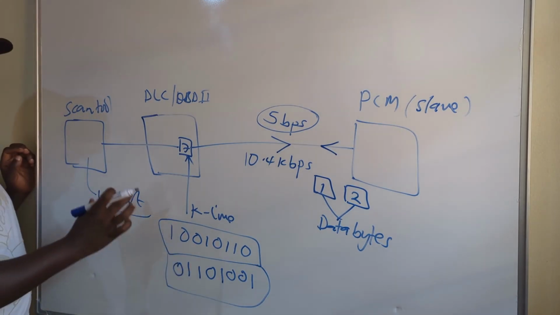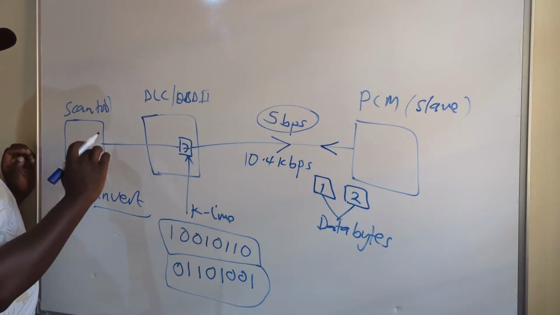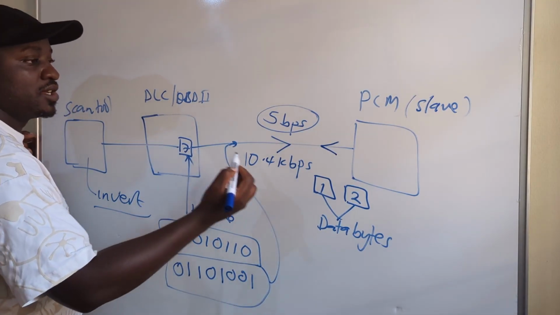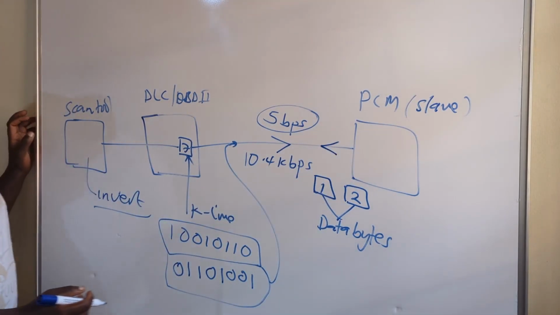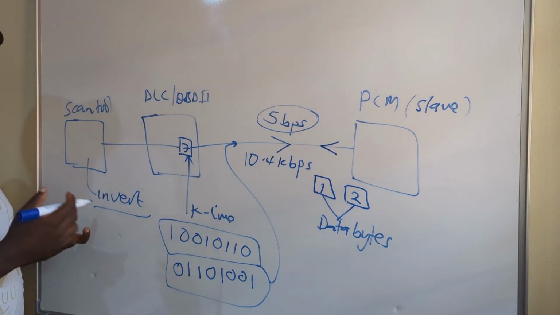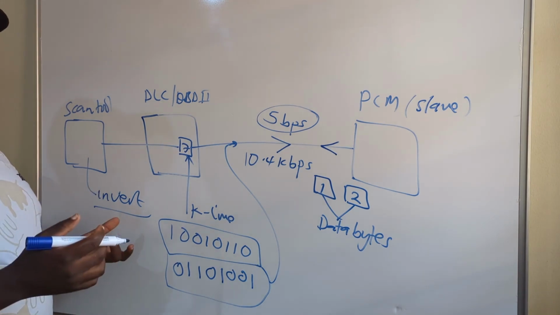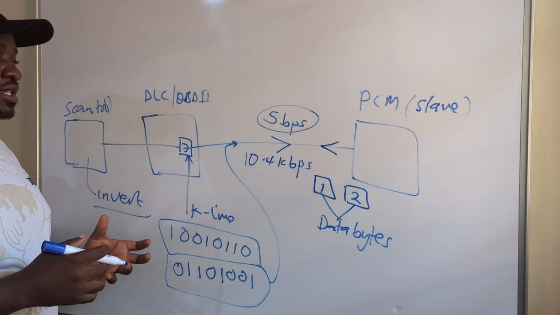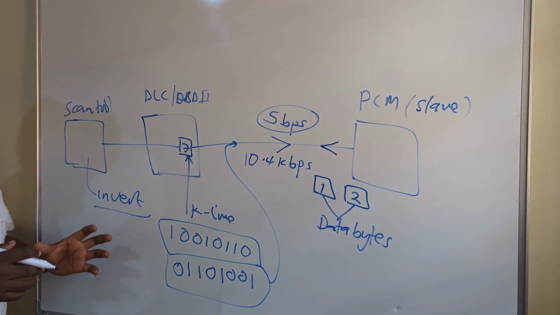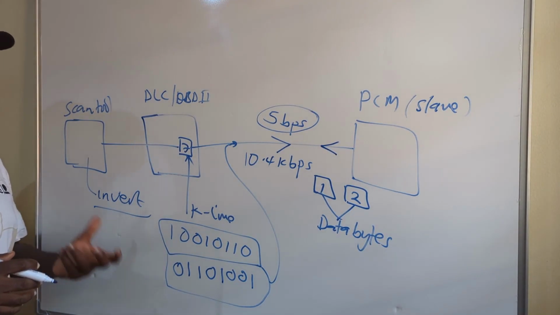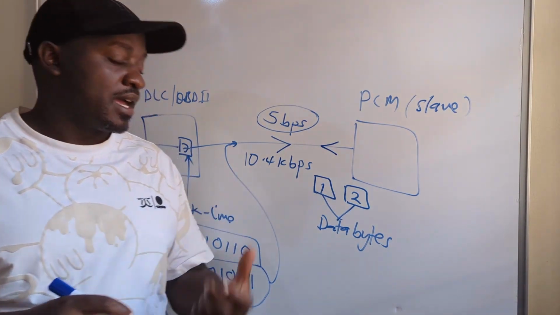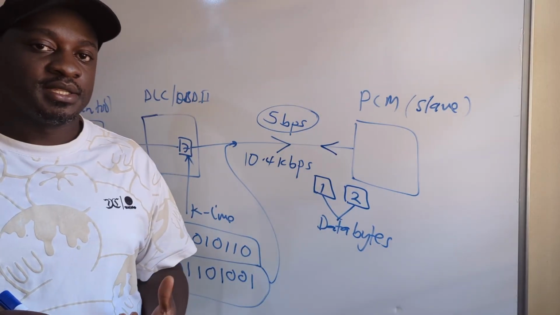So it will invert one of the data bytes and still send that inverted data byte to the PCM or the slave to signal that the communication has now been established and initialization is complete. So that's how initialization is achieved on a single wire K line communication bus.